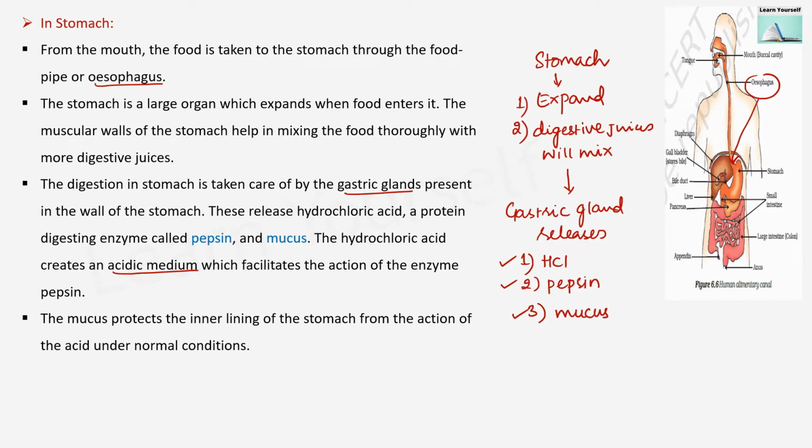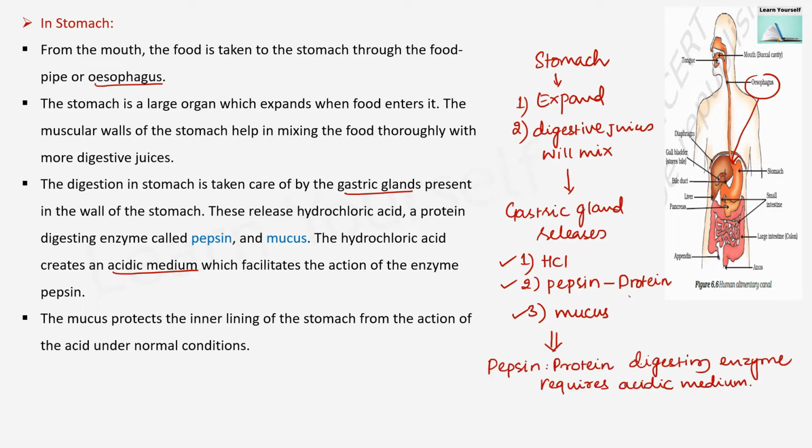Now if the pepsin has to work, it requires acidic medium that will be provided by the HCl. So what will pepsin do? Pepsin is a protein digestive enzyme. In the stomach, the protein will get digested with the help of pepsin. Now this pepsin will work in acidic medium which will be provided by HCl.